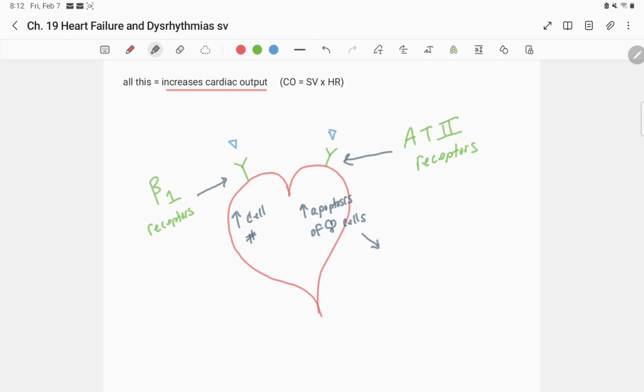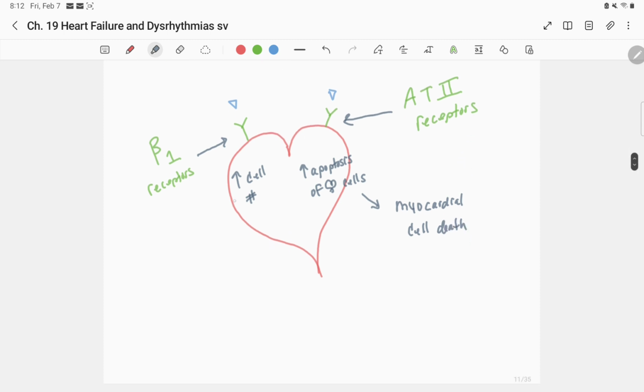And when apoptosis continues, this is myocardial cell death, and an increased number of cells is an enlarged heart.